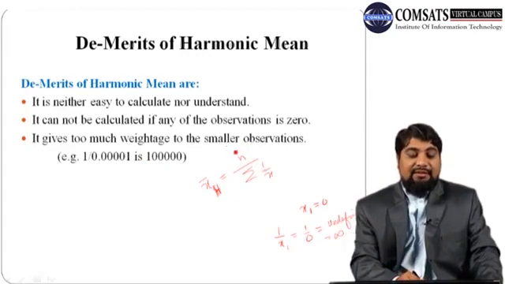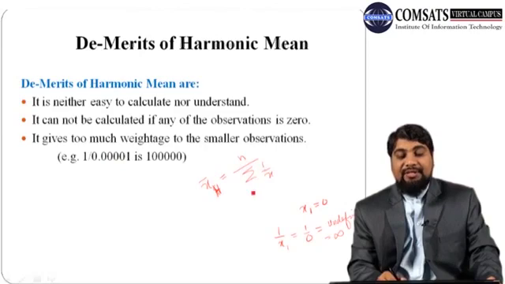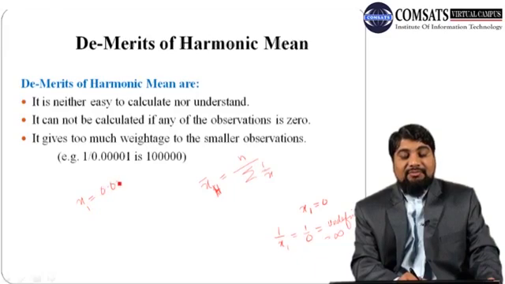So suppose we have this observation 0.00001. In order to calculate harmonic mean, we need to take the reciprocal of this value. So if observation x1 is 0.4 times 0 and then 1, in order to apply this formula, we need to calculate 1 over x1.